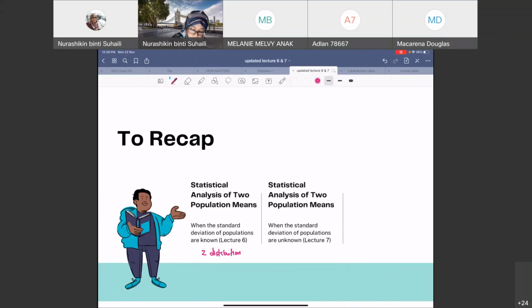The second is when the standard deviations of the populations are unknown, we use the T distribution or t-test. So you have to familiarize yourself with the steps, from step 1 until the last step, make conclusion. The difference between each situation is the calculation, whether you calculate the Z or the T.